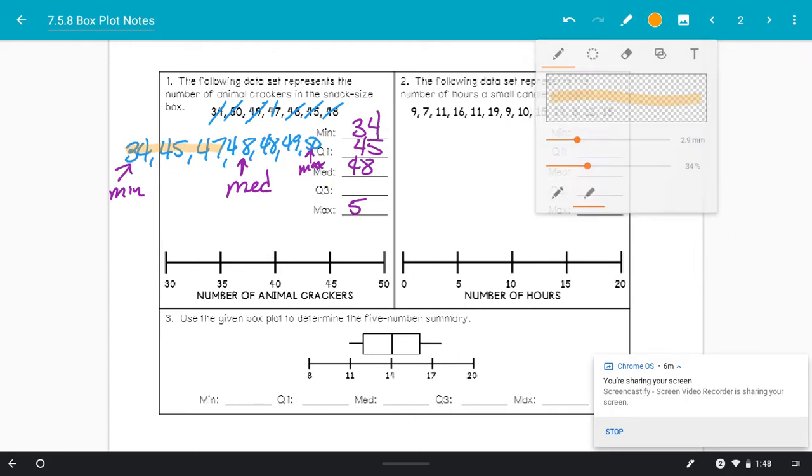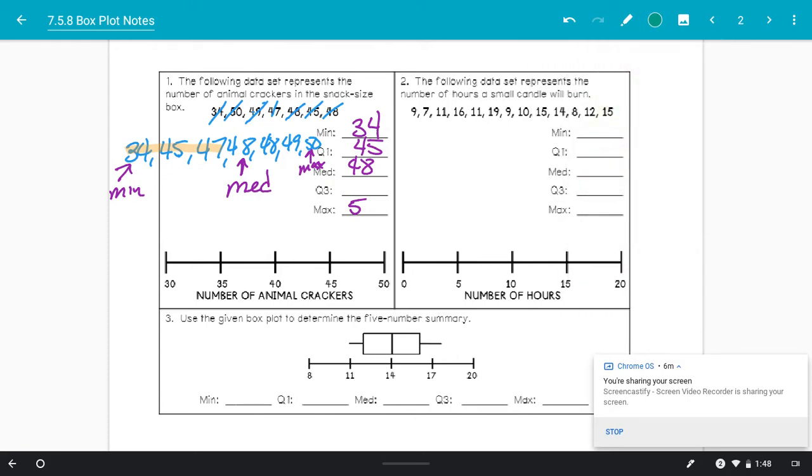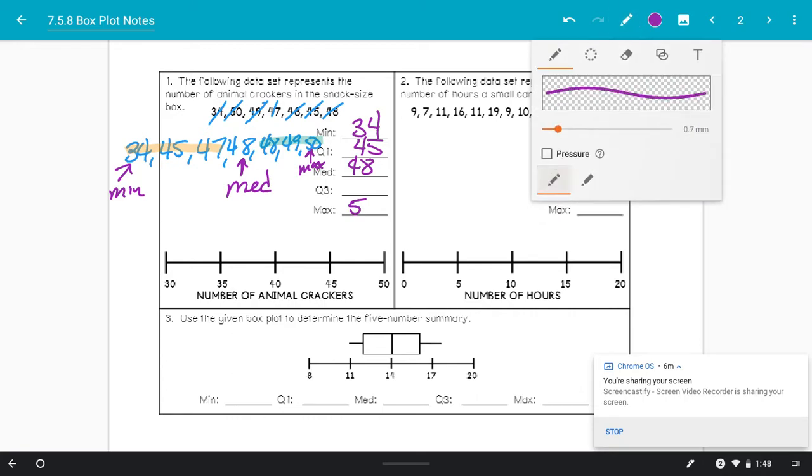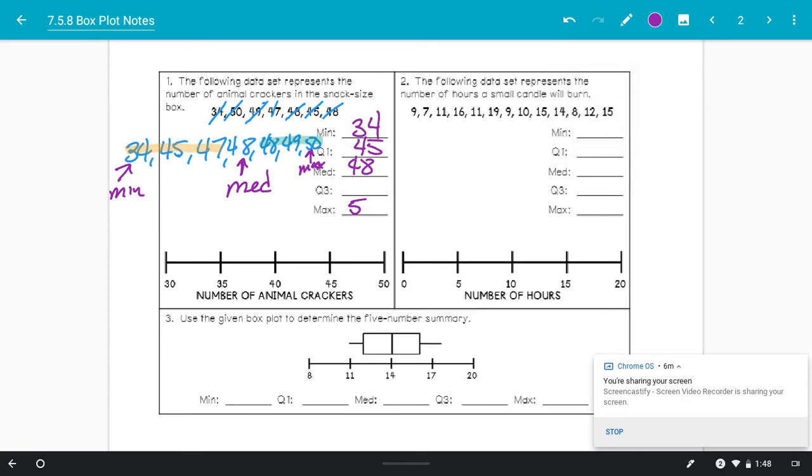All right, we're then going to look at the upper half of our data set, so what's above the median. And again, for our third quartile, we're going to go for the median or middle number here. So what's the middle number in 48, 49, and 50? The middle number is 49. Oop, I just realized we did not have a 0 there.